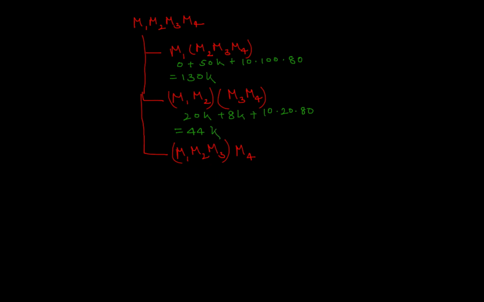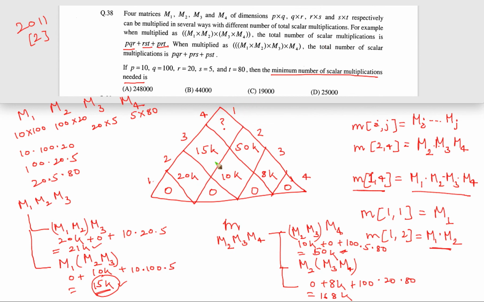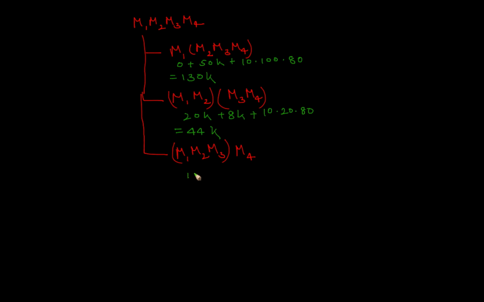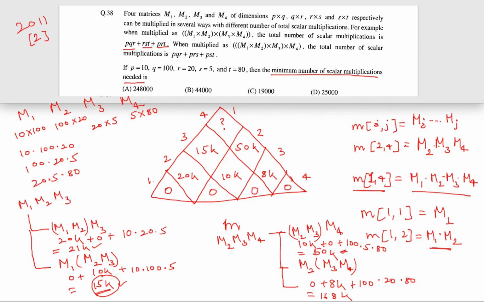Now what about this? Here M13 is already a solved problem, 15,000. So this is 15,000 plus 0, this is a single matrix, nothing to do here. Now when we multiply these two, M1 into M3 is 10 cross 5, and then 5 cross 80.